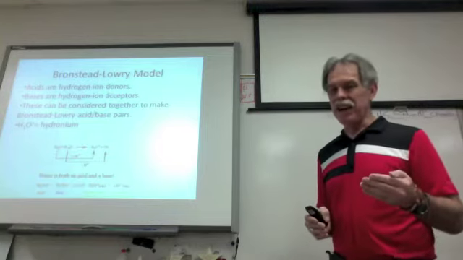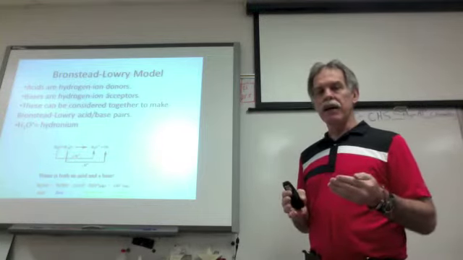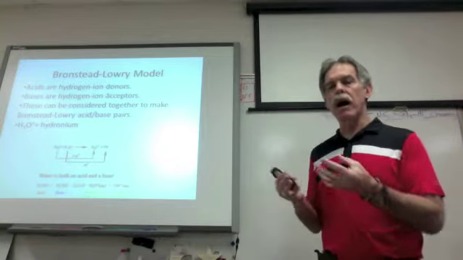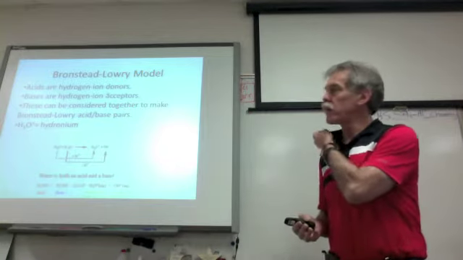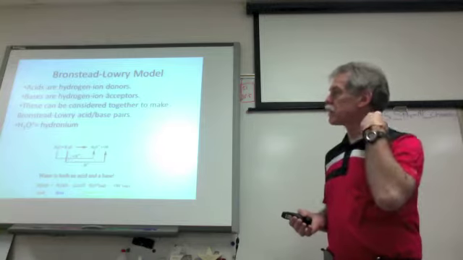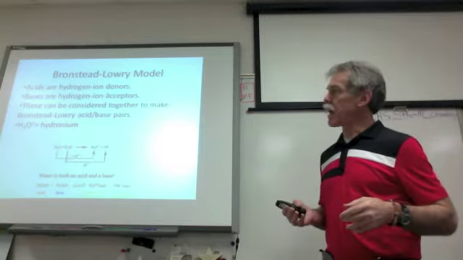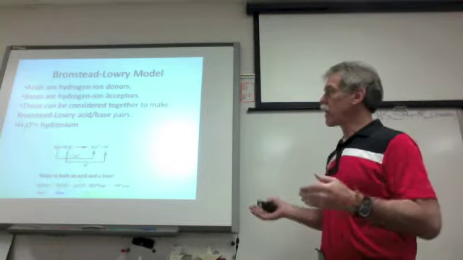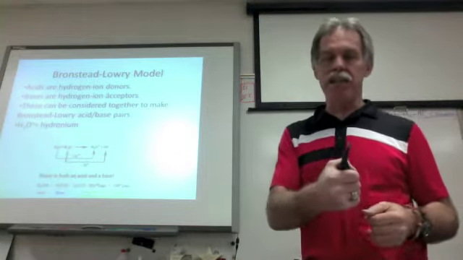So what they decided was that Arrhenius had kind of a good idea, but that he had the wrong idea on the bases as to what caused the bases to be bases, and that was that bases were bases because they were hydrogen ion acceptors.